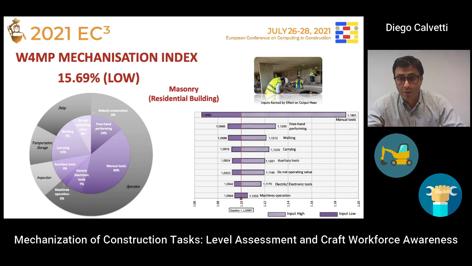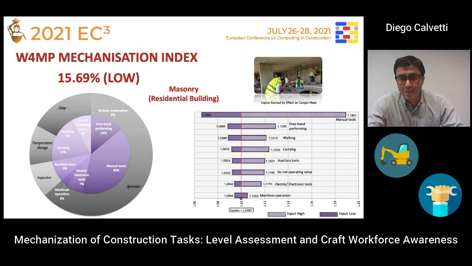The crew was composed of 3 masons and 1 assistant. And there is a demand, of course, for supportive work, such as supplying the mortar, supplying the blocks, or cutting the blocks into smaller pieces and transporting them to the front zone.